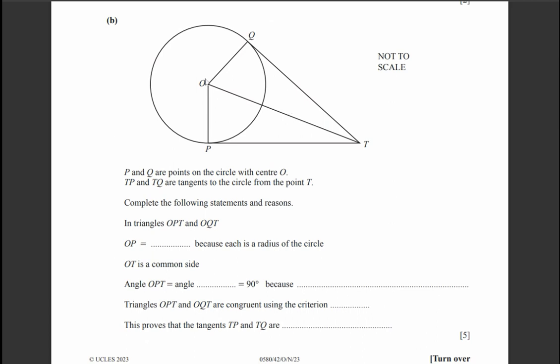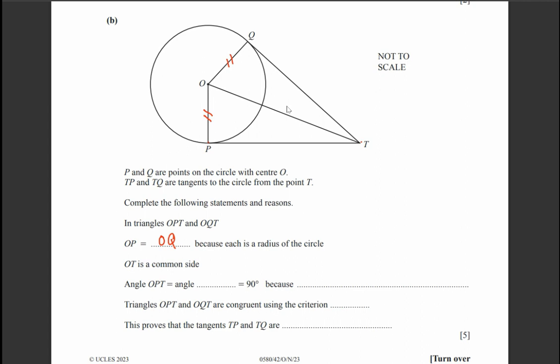Then question number B. B and Q are points on the circle with center O. TB and TQ are tangents to the circle from the point T. Complete the following statement reasons in these two triangles, OBT and OQT. OB is equal to what? Because each is a radius of the circle, of course OB equals OQ.